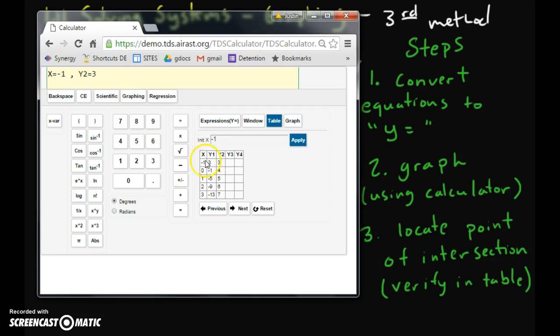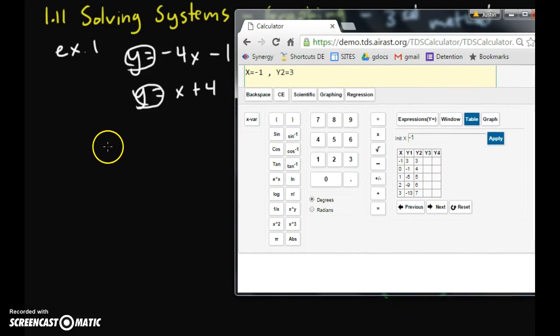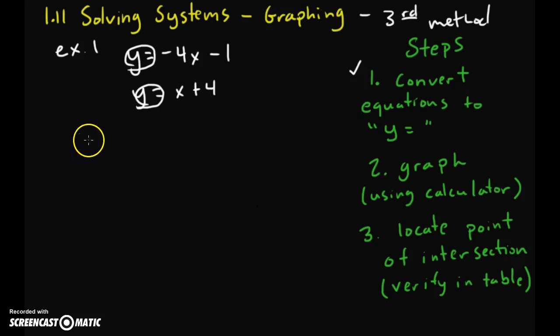So when x is -1, for the first line, y is 3. For the second line, y is 3. You're looking for the double y. That is the intersection point. So I know that for these two systems, the solution is -1 for x and 3 for y.